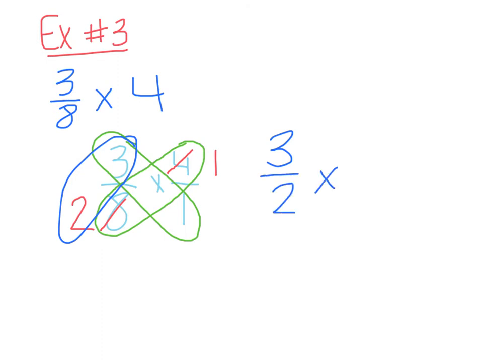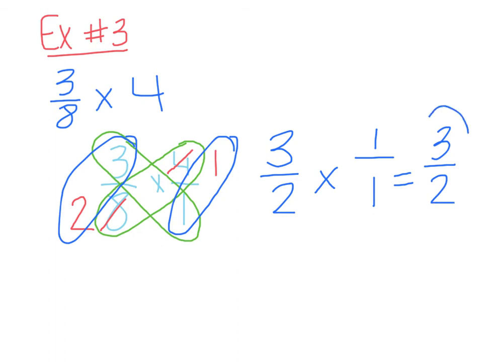times 1 over 1. Now I just multiply straight across. 3 times 1 is 3, and 2 times 1 is 2. Now I have an improper fraction. I have a bigger number on top, and I don't want to leave it as an improper fraction. So I need to change that to a mixed number.